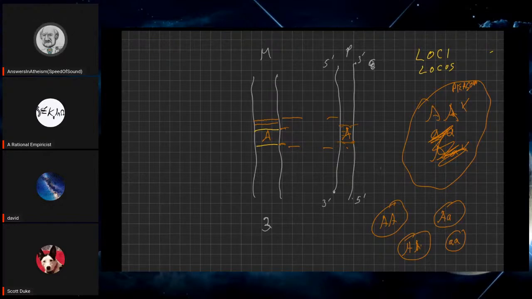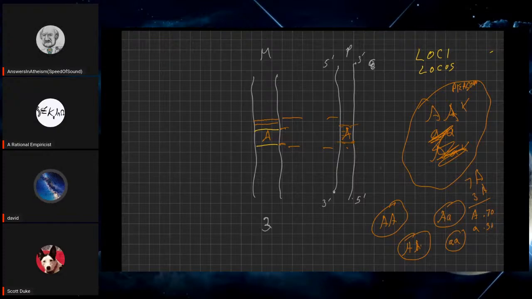So we have 7 of those, and we have 1, 2, 3, so we only have 3 of those other ones. That is the total, so there's 10 total alleles. The uppercase A's are 70%, and the lowercase a's are 30%.